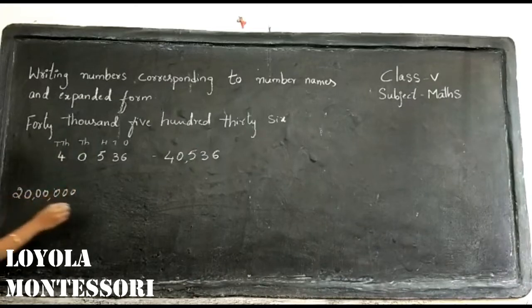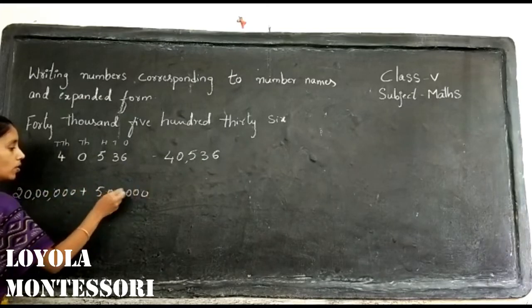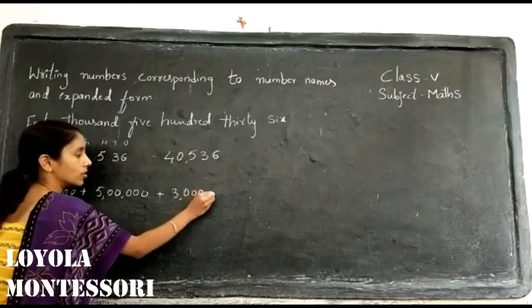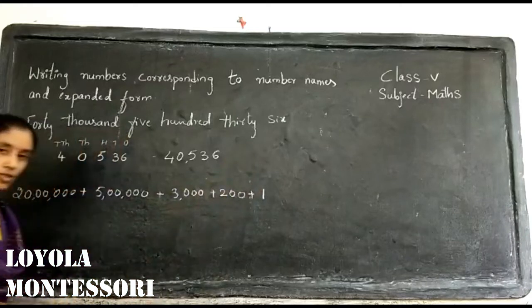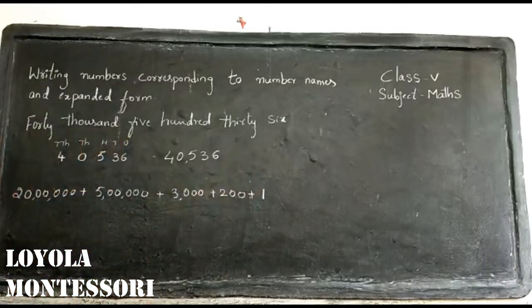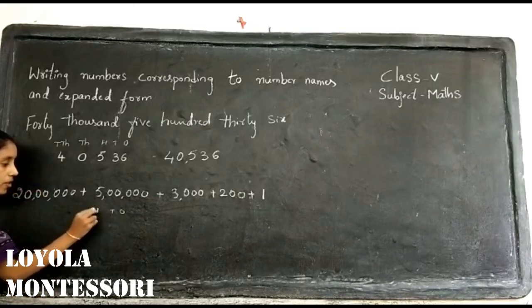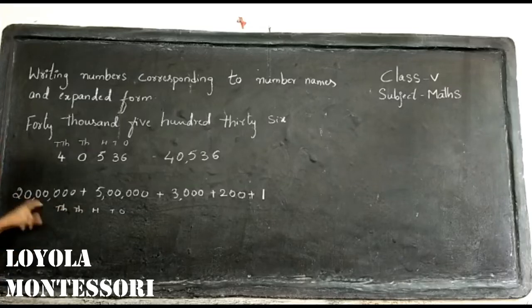Next, from expanded form, how to write a number. So 20 lakhs plus 5 lakhs plus 3,000 plus 200 plus 1. How to write this in the form of a number? Highest place value is 10 lakhs. So write the places up to 10 lakhs: ones, tens, hundreds, thousands, 10,000s. As it is in the Indian system, lakhs and 10 lakhs.